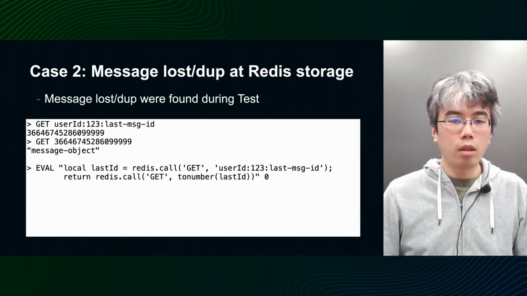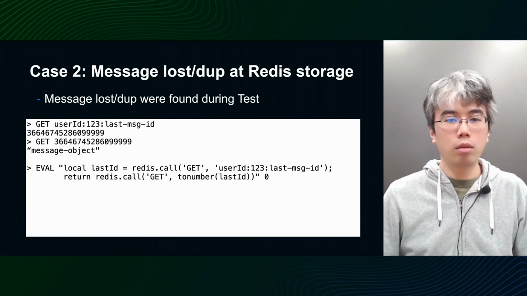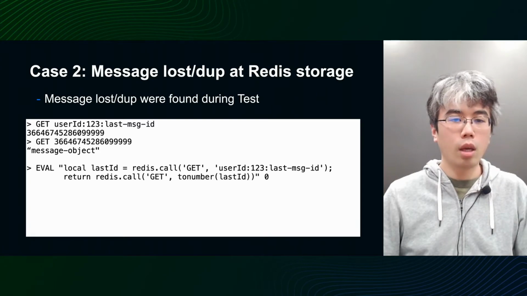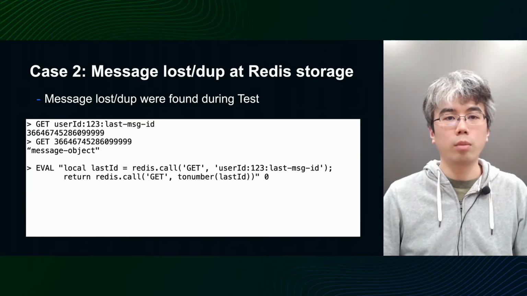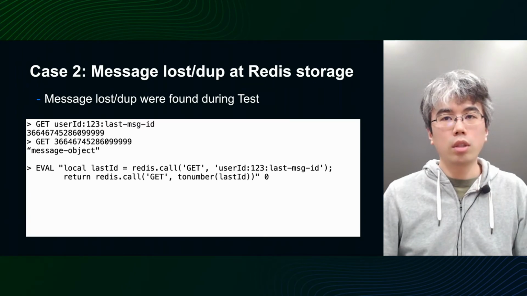In this sample script, the last message ID of the user ID is retrieved, and the message object stored in Redis is retrieved using that ID. So if you write a raw script to implement this command in a single eval command, it will look like this.